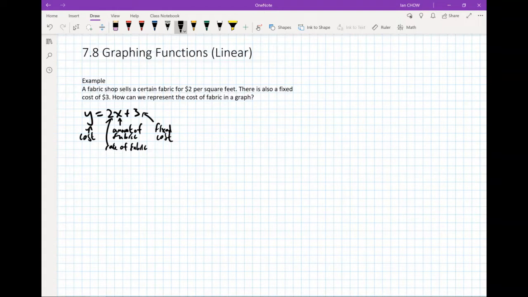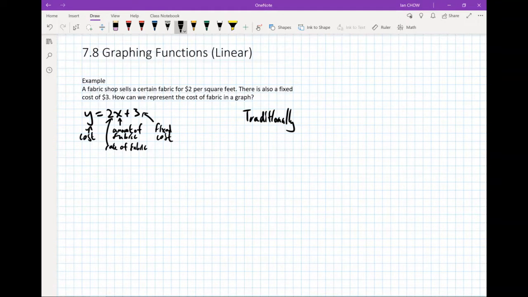Traditionally, what you would probably do is draw an input-output table.